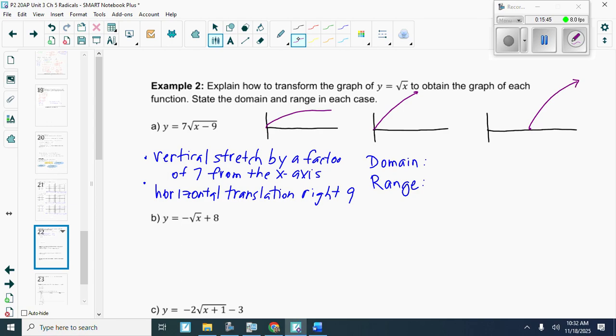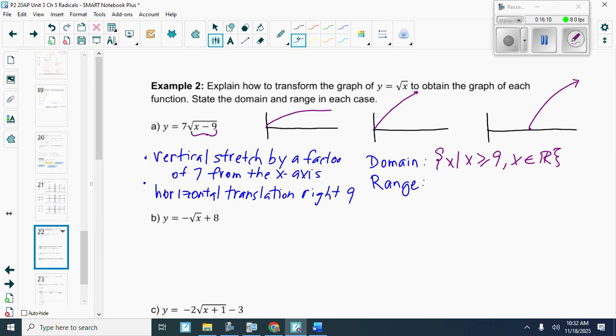Visually, it helps me to see my domain and range if I did a little sketch. You don't have to, but if you are visual and you find that helps, you could do that. So your domain should be x such that x is greater than or equal to 9. This right here determines your domain.